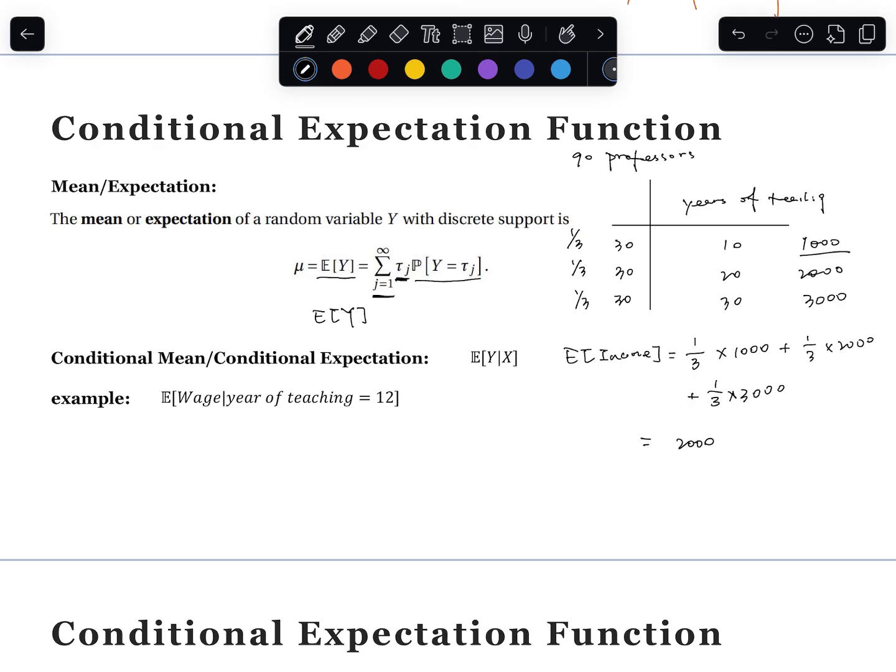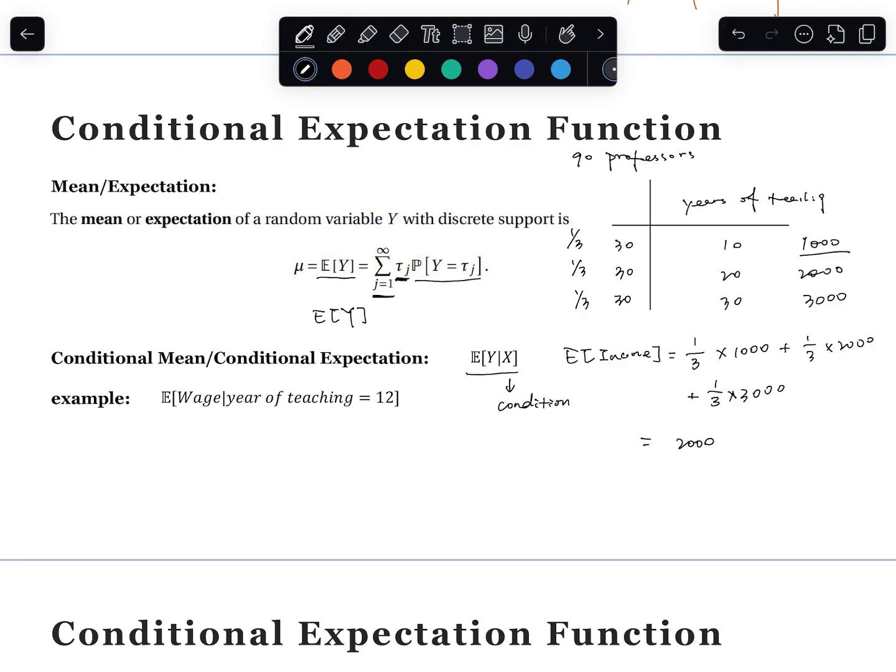And then it comes to the conditional mean or conditional expectation, which is the expectation of y conditioning on x. Here x means the condition. It could have more than one condition, and I will eventually show you that.